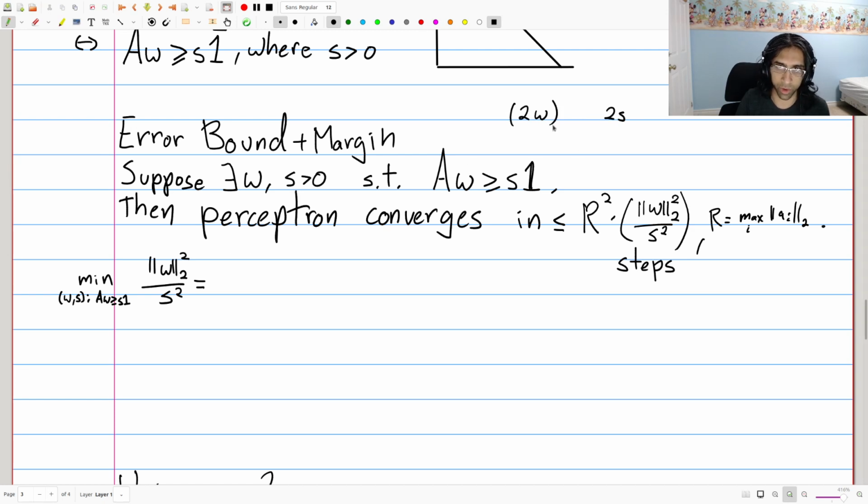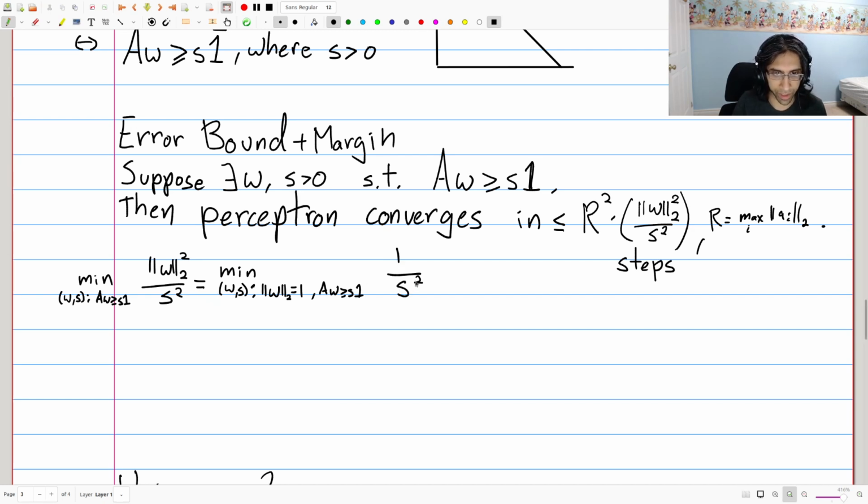The idea is, what if we put a constant in front of both W and S, such that W is a unit vector? We can do that, and we can always scale S correspondingly. So an equivalent optimization problem is to look over all unit vectors W, with the same constraint as before. The minimization over all this, and now we just have 1 over S squared.